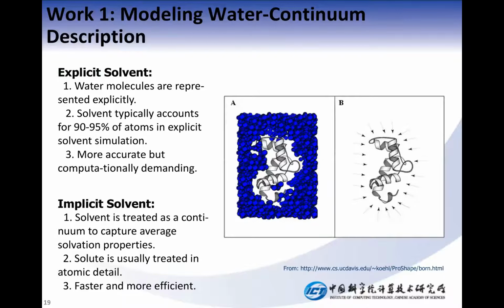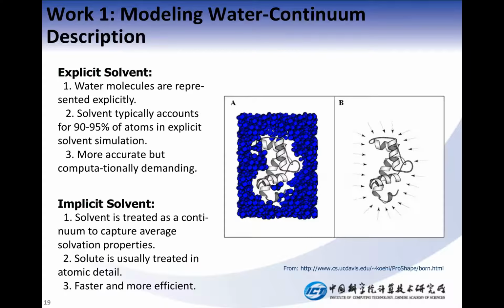In the explicit solvent model, water molecules are represented explicitly. Since solvent typically accounts for 90 to 95% of atoms in an explicit solvent simulation, it can be more accurate but computationally demanding. To deal with this issue, we propose the implicit solvent model.